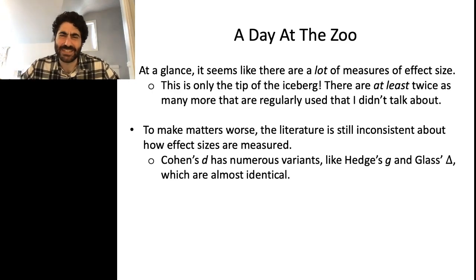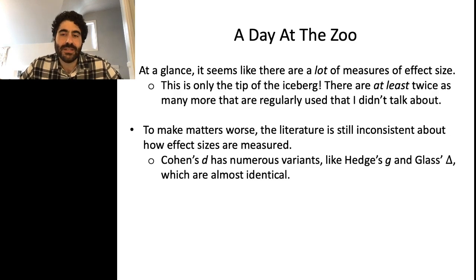They just get normalized a little bit differently, and they make slightly different assumptions about what your data populations look like. So there's this huge zoo of effect sizes that people report. Not all of them are even directly comparable to each other.